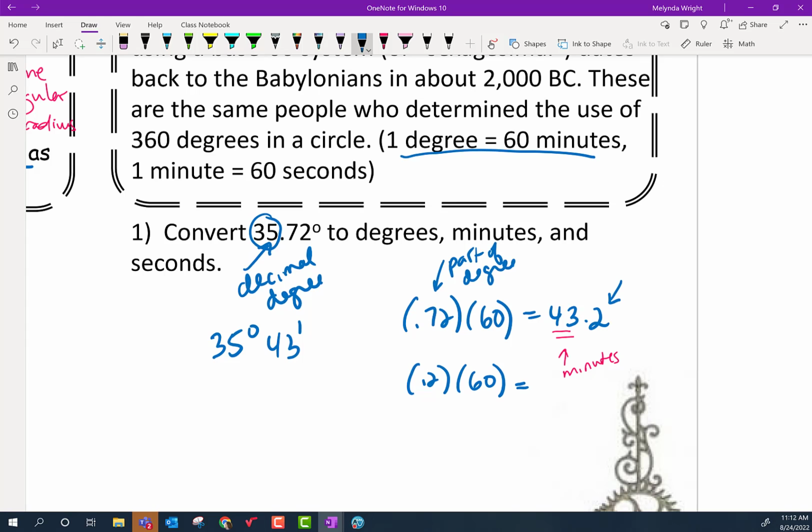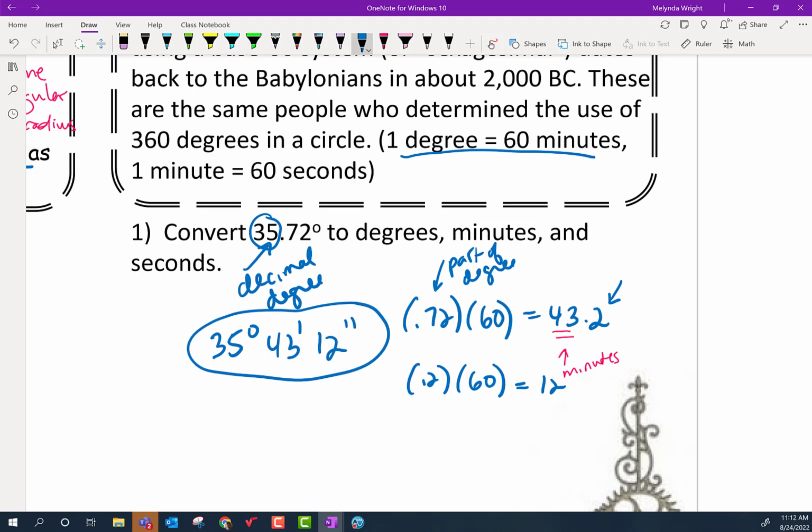That turns out to be 12, a whole number. So then I'm finished with 12. Now, sometimes the seconds don't turn out to be a whole number. Typically, it just depends on how precise they're going to be. I would recommend just rounding it to a whole number, but we'll see what your homework does.